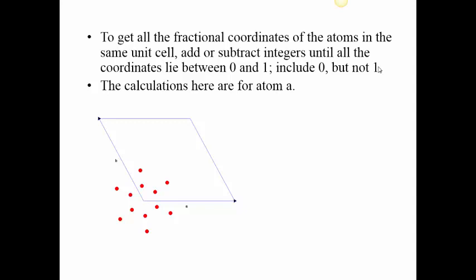So here we're going to take atom A, and we're going to add 1s to X and Y, or to a and b, the two components, until we get into the unit cell. So if we add 1 along the a-axis, we come over here, we're not in yet, so if we add 1 in the b-axis, there we are, we're inside the unit cell.